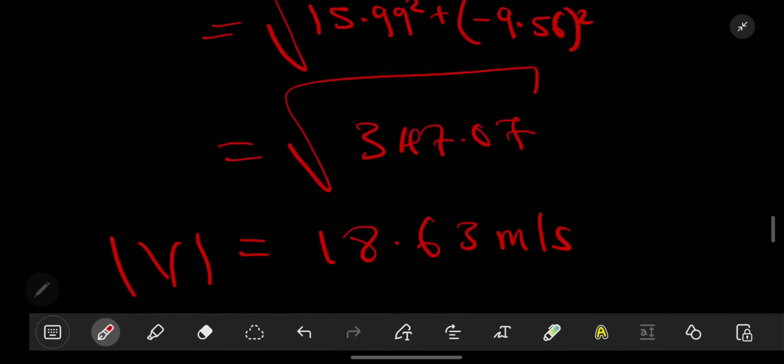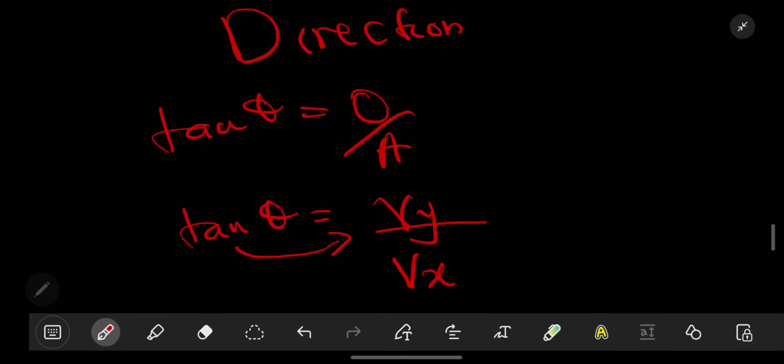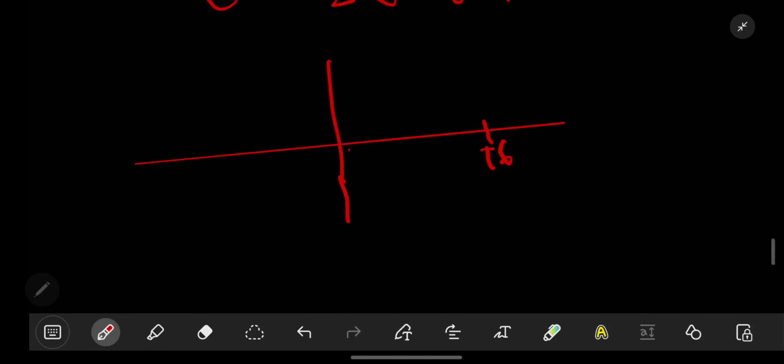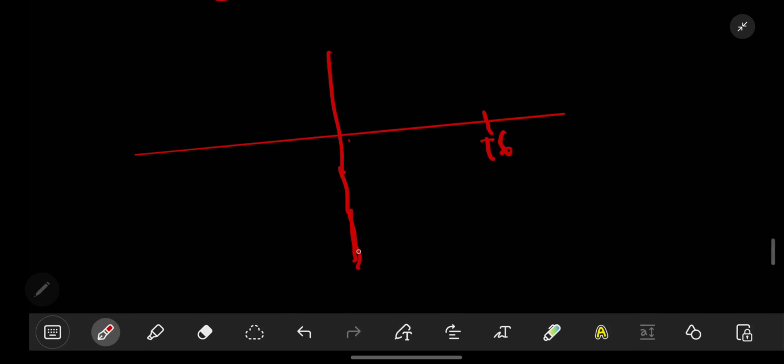So already, if we draw the x-y plane, remember x is positive 15.99, let's just say 16. Then our y is negative, it was going down, negative 9.56. So we have something like this.